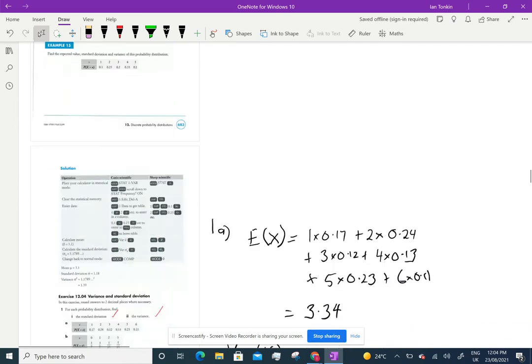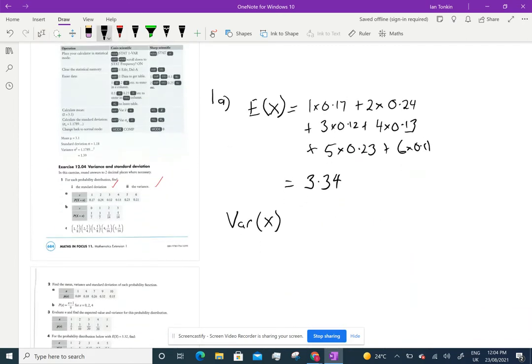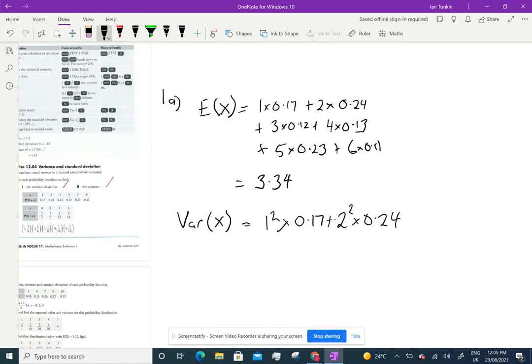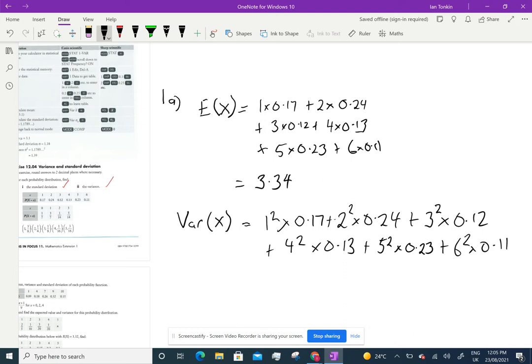So the variance is going to be 1 squared times 0.17, plus 2 squared times 0.24, plus 3 squared times 0.12, plus 4 squared times 0.13, plus 5 squared times 0.23, plus 6 squared times 0.11.